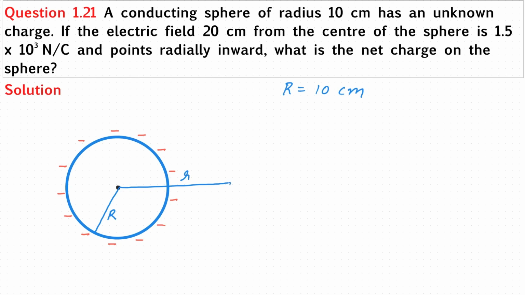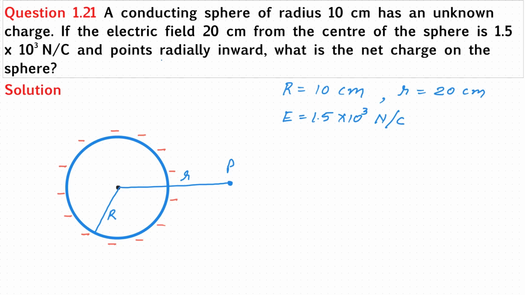Let me call this distance small r. So small r is 20 centimeter. So at this place, electric field is given as 1.5 × 10^3 Newton per coulomb. This much electric field is already there.